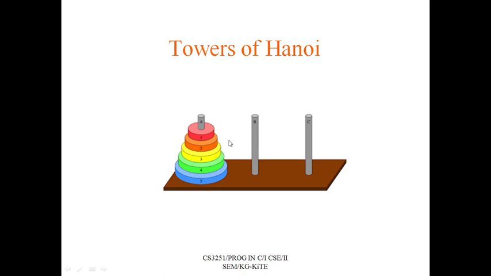This Tower of Hanoi toy will have three discs. One of the pegs is known as the source peg, and here it is written as A. The peg named A is the source peg, the peg named B is the destination peg, and the peg named C is the auxiliary peg.